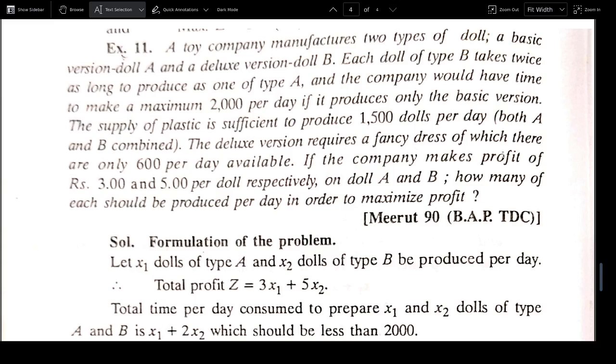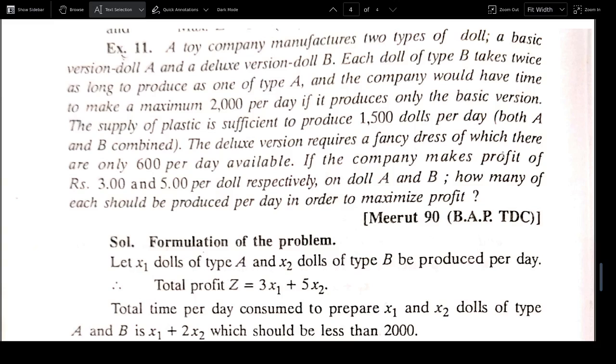For type A, the profit per doll is 3 rupees, so x1 number of dolls will give 3x1. In the same way, for type B the profit per doll is 5, so x2 number of dolls will give a profit of 5x2. So the total profit will be the sum of these two: 3x1 plus 5x2.